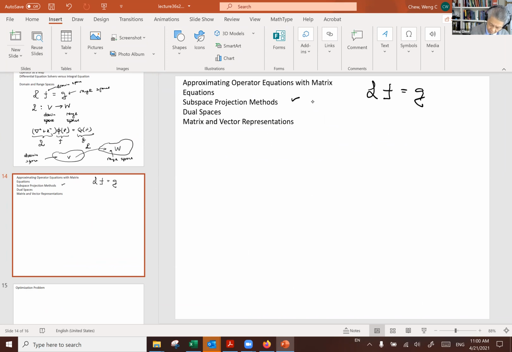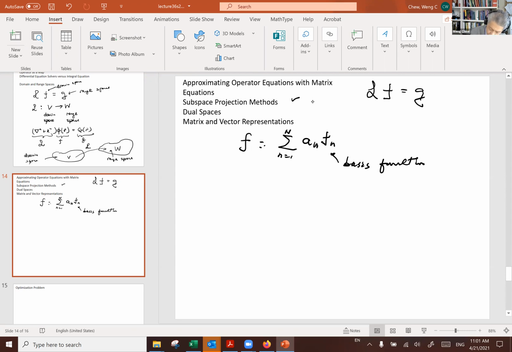And to do that, what you do is you let the function f be written as a summation of an approximate function. Okay, so this is called the basis function expansion. Usually this is called a basis function.